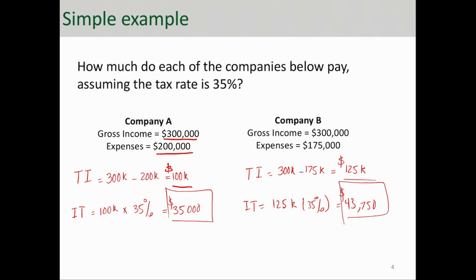And that's only because of the difference in their expenses or in their deductions. So you can clearly see that depreciation is helping businesses pay less taxes because the government put in place depreciation as an incentive for companies to grow their businesses.